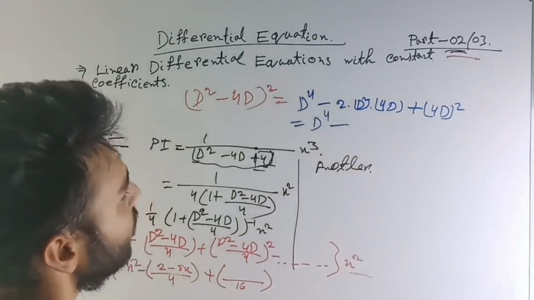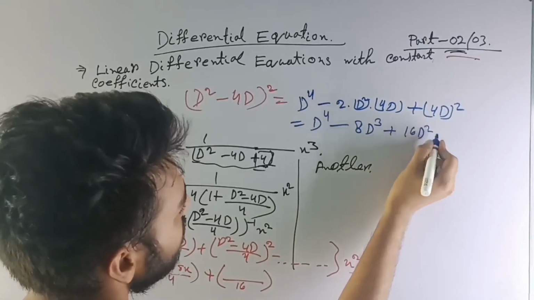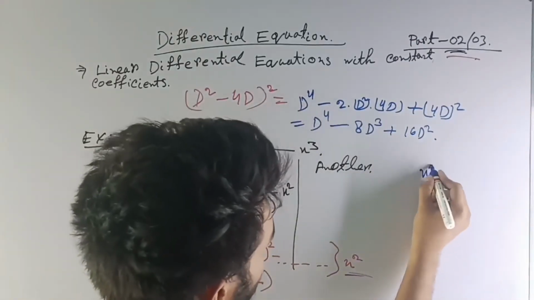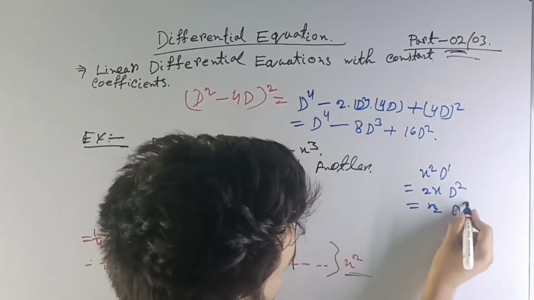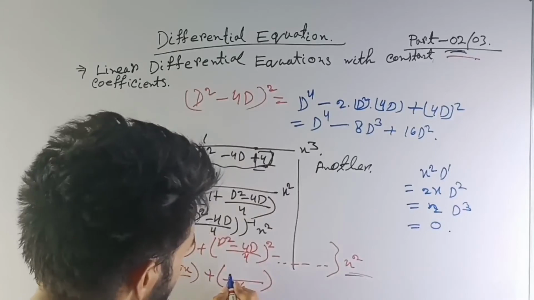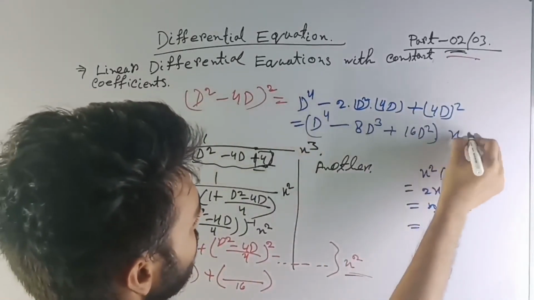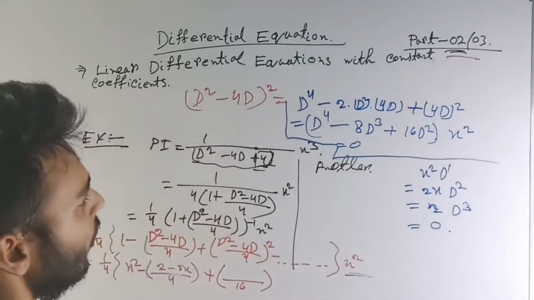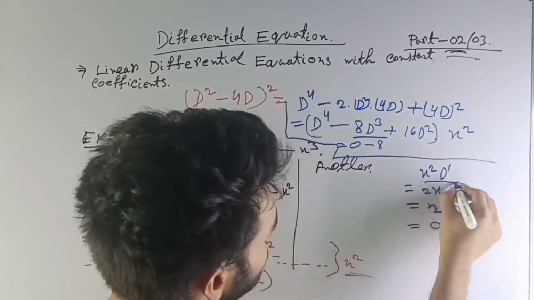So watch this now. That means D to the power 4 minus 4D cube plus 16D square. So therefore x square of D, no, D1, that means 2x, of derivative 2, that's derivative 0. So 0 of x square, that means that equals 0 here, and minus 8D cube of x square.